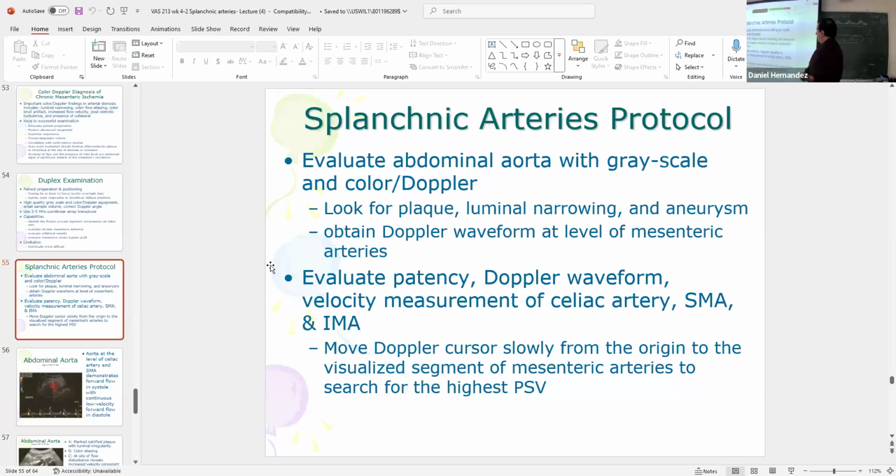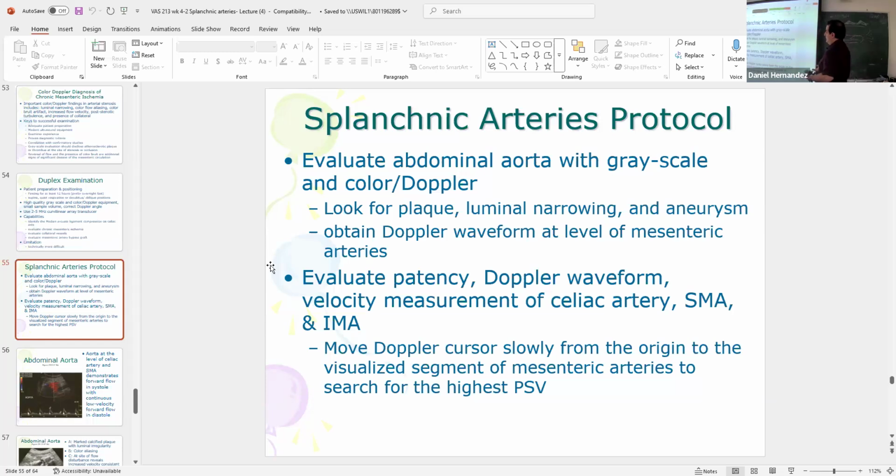Looking for plaque, luminal narrowing, potential aneurysm as well. That's another thing to think about: we have patients who have AAAs. If they have a large abdominal aortic aneurysm, that could definitely impact the inferior mesenteric artery. Particularly if there's mural thrombus, that IMA might be thrombosed, or thrombus might fill the IMA.